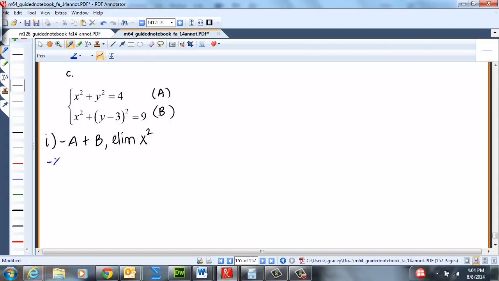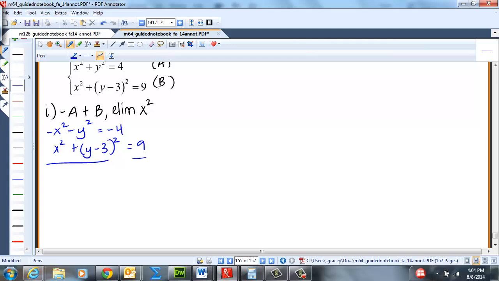So that would give us negative x squared minus y squared is negative 4. That's negative 1 times equation A. Then we'll have x squared plus quantity y minus 3 squared is 9. So adding, the x squared zero out, and then we'll have negative y squared plus y minus 3, the quantity squared, is equal to negative 4 plus 9 is 5.